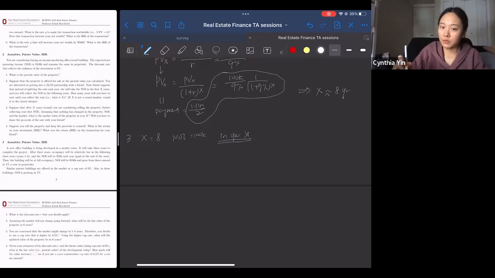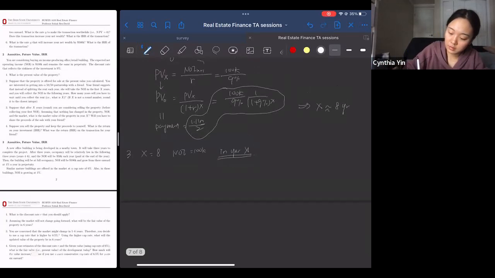Some of you do the first step, I mean, do what the question asks exactly, but you discount back to today. But the question is asking what is the value in year X, which means at the end of year X, how much it is worth. It's basically what I did here.